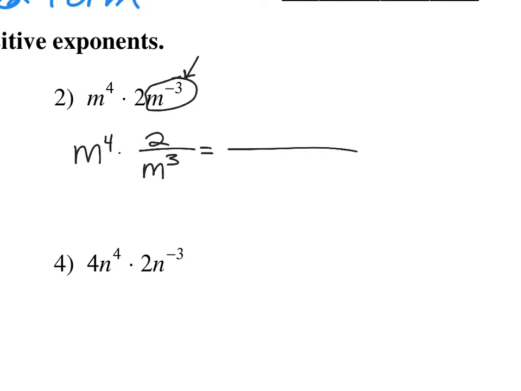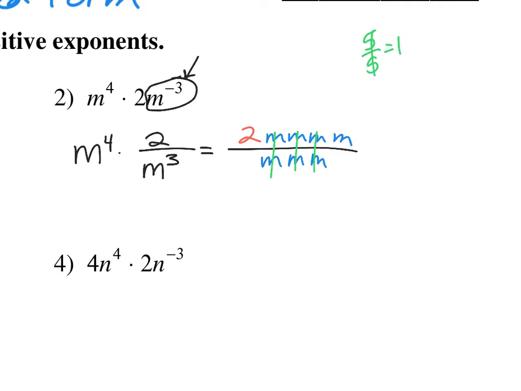I'd have a 2 and a 1, 2, 3, 4 m's in the numerator, and then 1, 2, 3, oh, just kidding, there's only 3. 1, 2, 3 m's. Now, just like we know 5 over 5 is equal to 1 because it cancels out, I can cancel out anything that has a top and a bottom that are exactly the same.